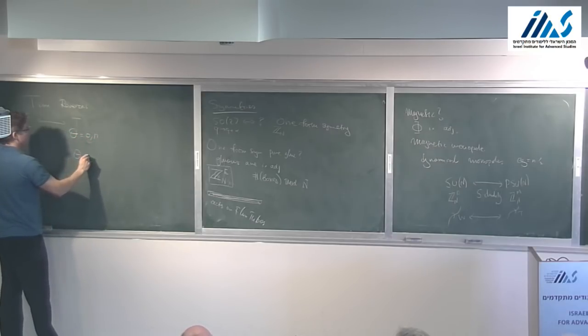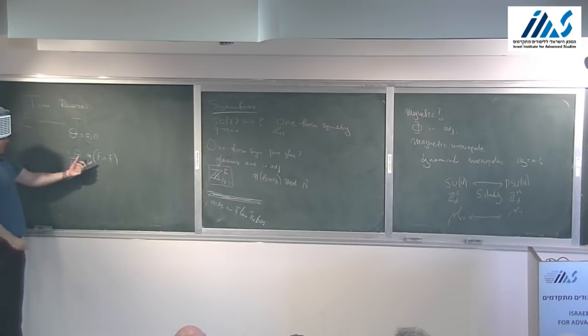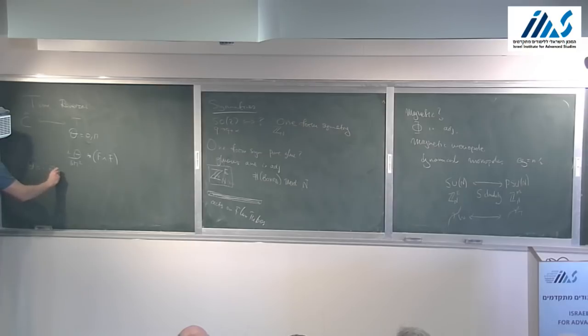Indeed, this term that I wrote, i theta over 8 pi squared star F wedge F, is not invariant under time reversal symmetry unless theta and minus theta are the same mod 2 pi. And theta can be the same mod 2 pi only if theta is either 0 or pi. It's the same as in the quantum mechanics model, which we discussed in great detail. So time reversal symmetry takes that to minus that, and that's it.